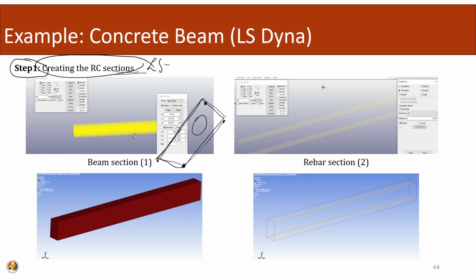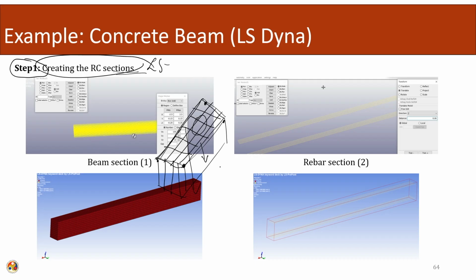Then we can extrude the plate in the vertical direction, so that we have a solid member. Subsequently, we can also mesh the plate. After meshing, we can extrude the plate such that we get a solid section.